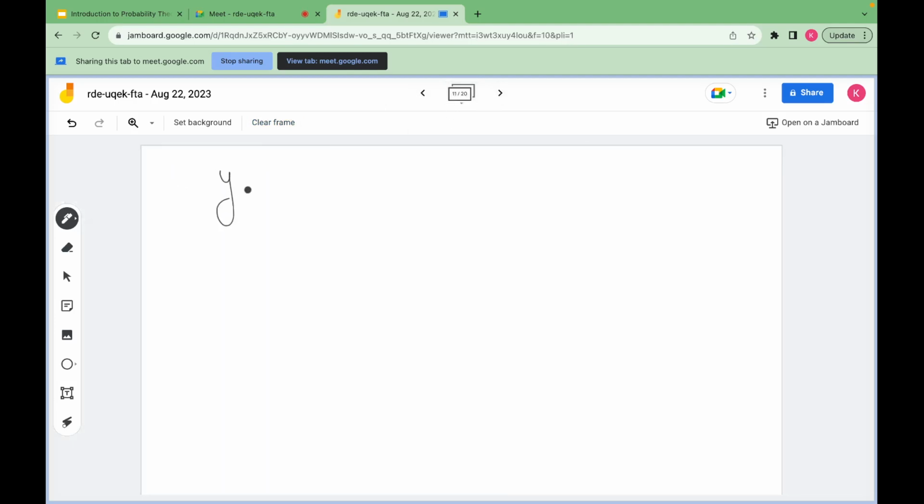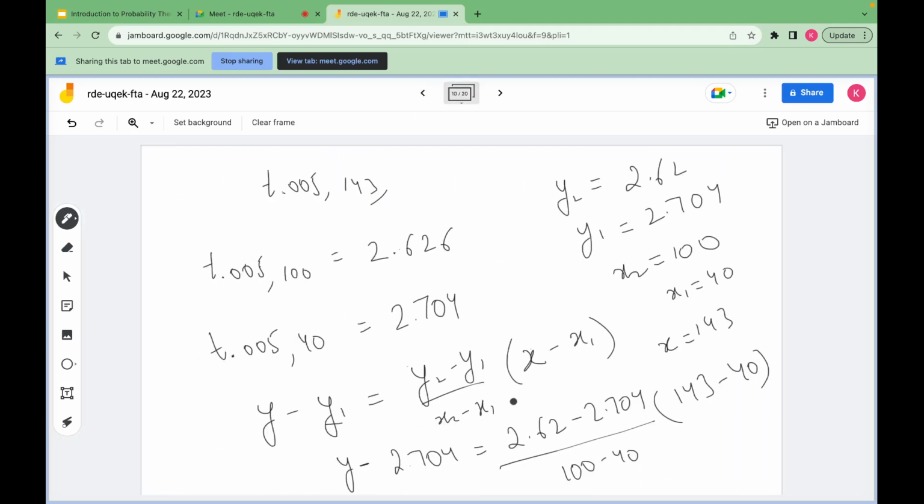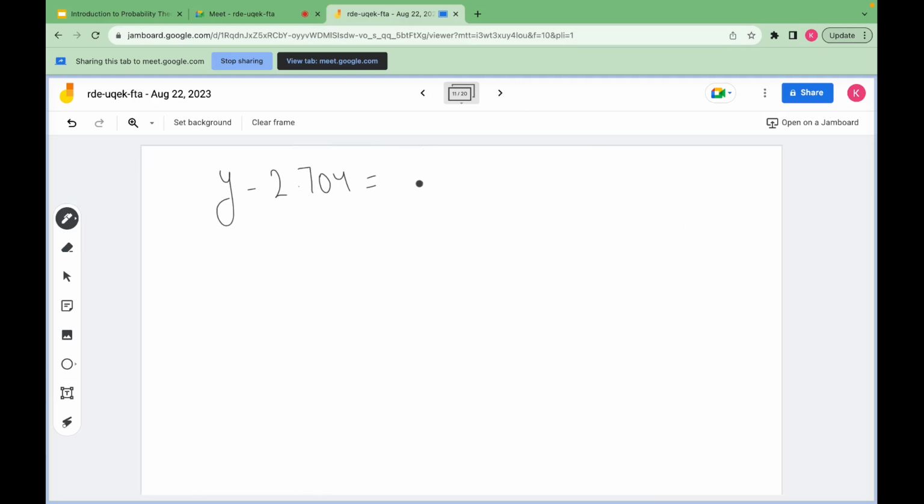So y minus 2.704 is equal to 2.626 minus 2.704, which is minus 0.078, divided by 60 into 143 minus 40.